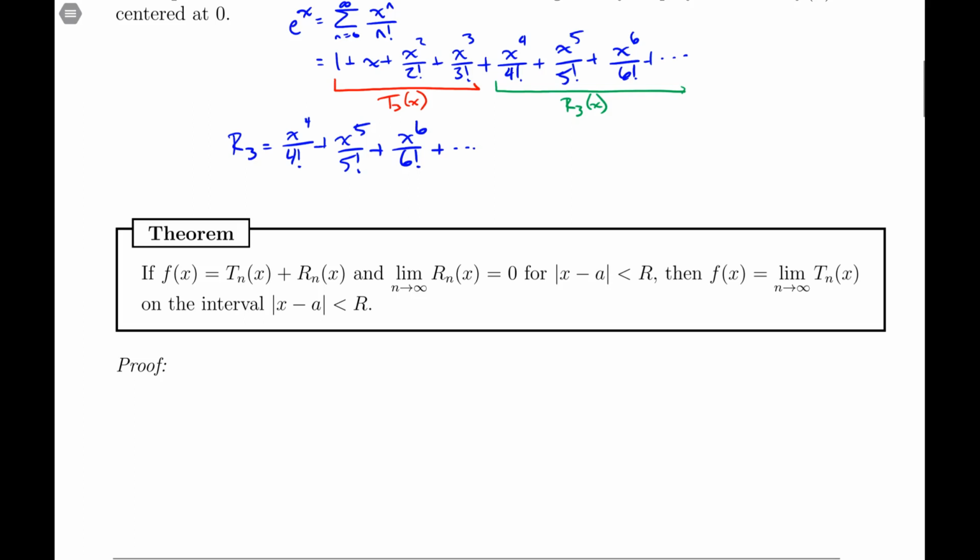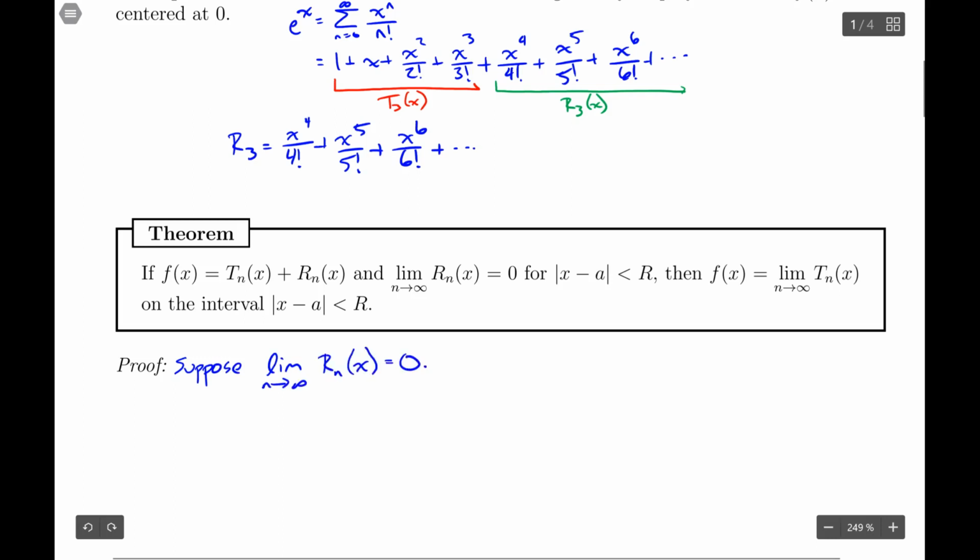So we are actually assuming that the limit as n approaches infinity of r sub n of x is 0. This is an assumption for the x values satisfying absolute value of x minus a is less than r.